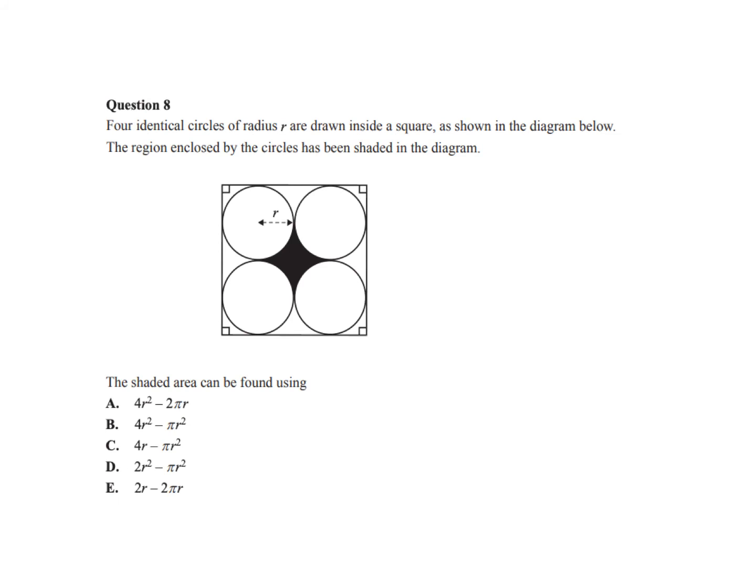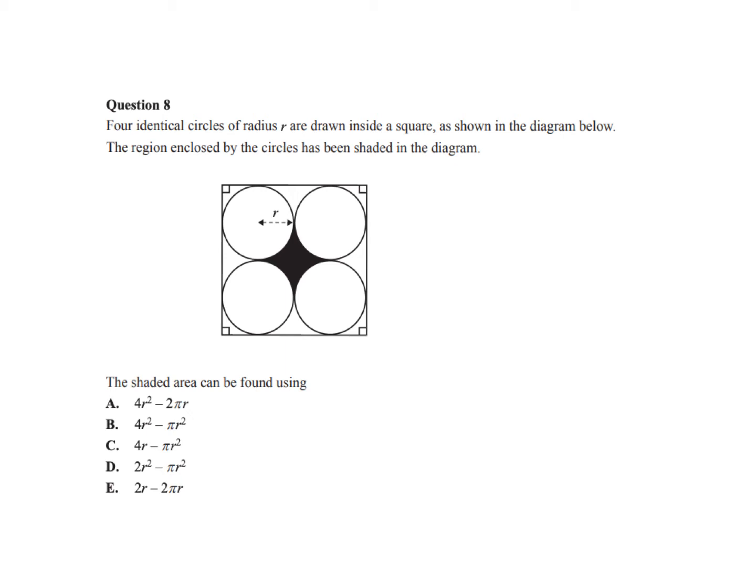Okay, so four identical circles with radius r are drawn inside a square as shown in the diagram below. The circles enclose an area that has been shaded in the diagram.